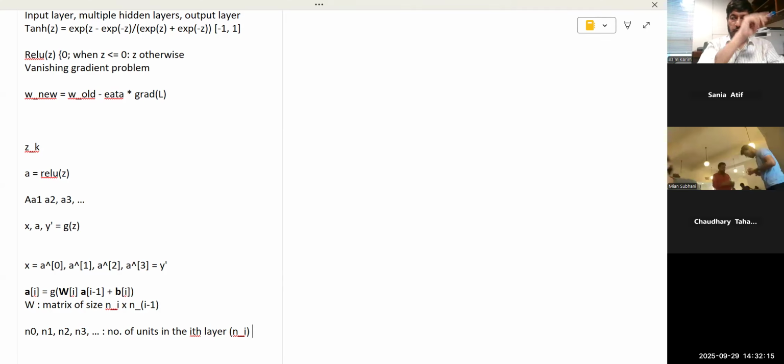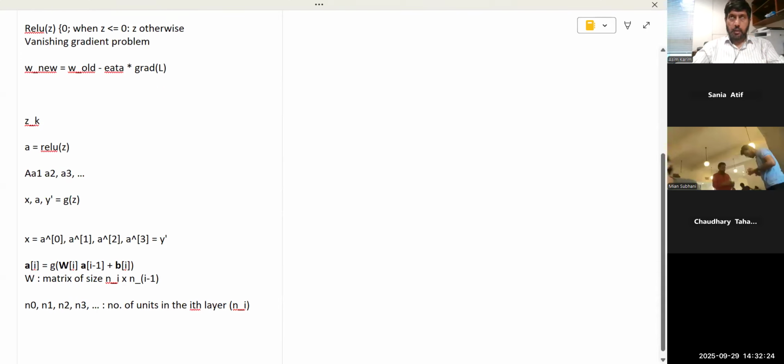And columns, of course, correspond to the inputs to this layer. ठीक है. So आपके पास एक कंसिस्टेंट नोटेशन है जो आप यूज कर सकते हैं throughout the layers. अब जो इसकी आउटपुट होगी अगले लेयर पे चली जाएगी, until the final layer where you will get the final output a, which you can consider to be y hat or y prime.